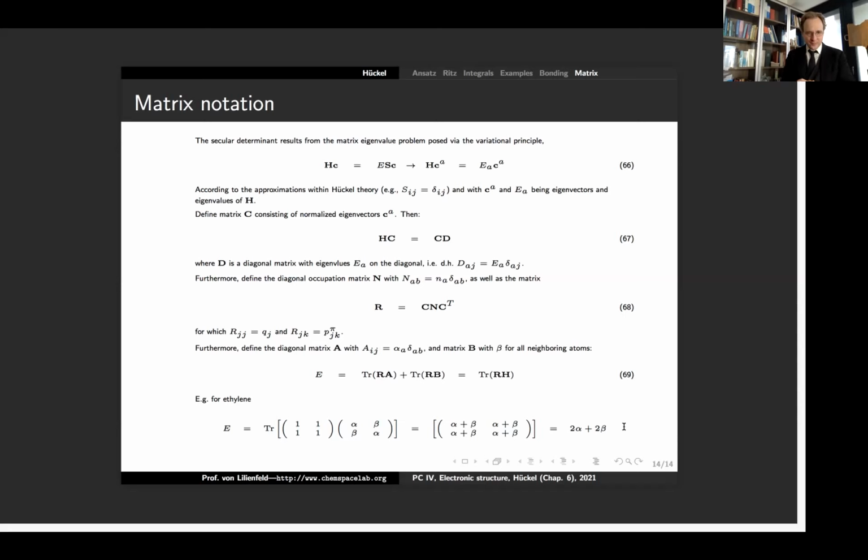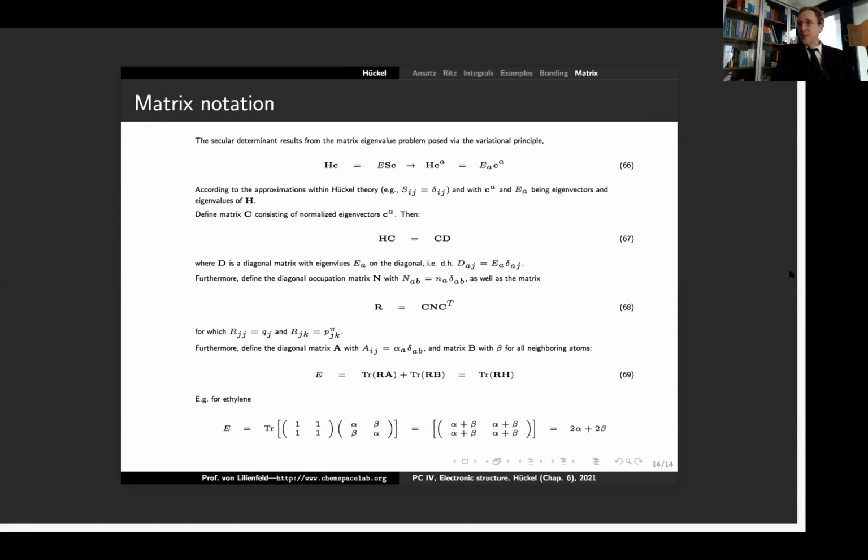It integrates your coefficients into your R matrix, your eigenvalues and energies into the A and B matrix, and it spits out the total energy as a result. With this, I'm at the end of the Hückel theory chapter.